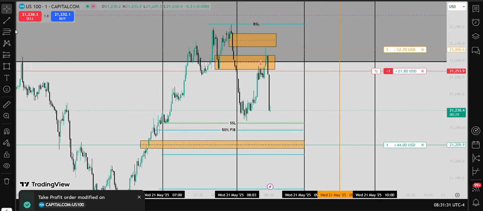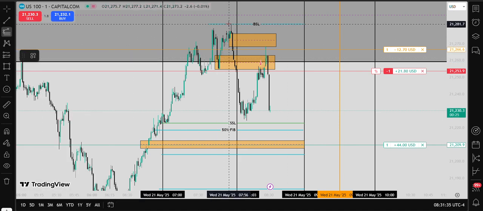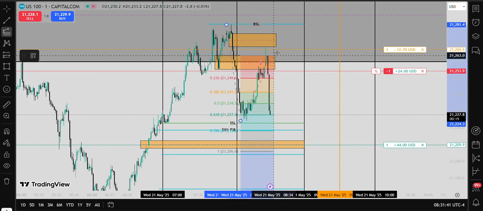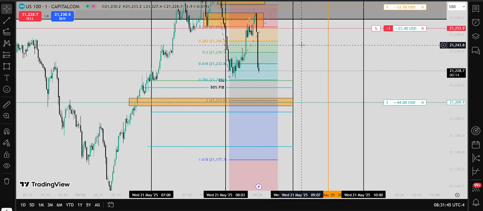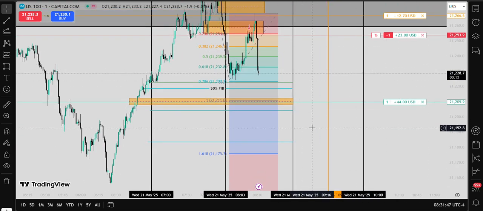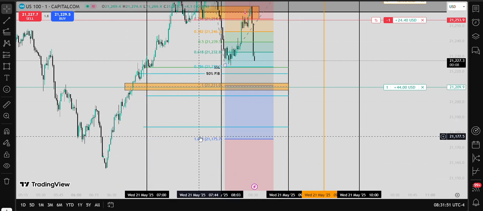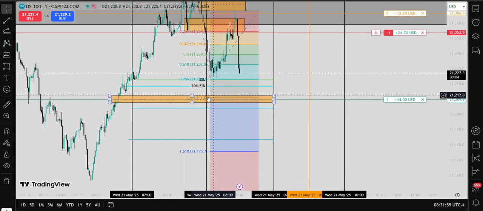and I'll take my Fibonacci extension tool, and I'll measure. I'll run it from right here to this low, to where it retraced to, and I believe that the market has a higher chance of coming to this area.